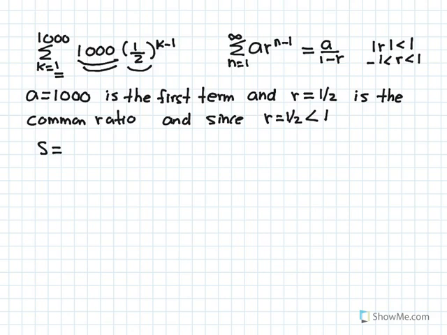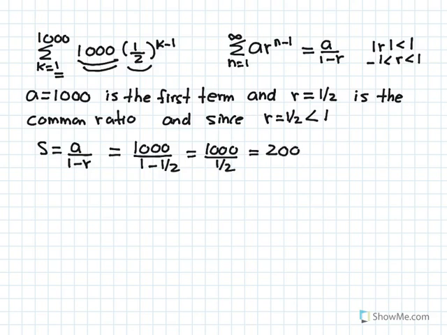This series converges to a sum. S is equal to a divided by 1 minus r. This is equal to 1,000 divided by 1 minus r, which is 1 half, and we get 1,000 divided by 1 half, and the result is 2,000. And this infinite geometric series converges to a finite sum, which is 2,000.